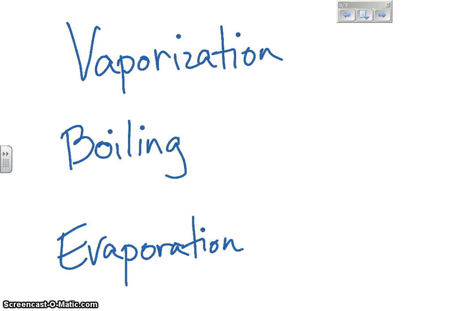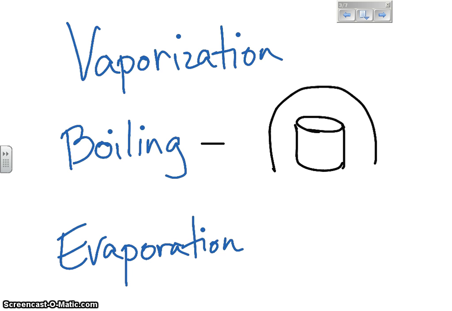But if we take a look at it a little bit more closely, boiling is when the vapor pressure of a liquid has surpassed the actual atmospheric pressure that's pushing down on it. So if you remember from one of our demonstrations, at a vacuum pump, we put a beaker that had some water inside of it, and we evacuated all the air inside of it.